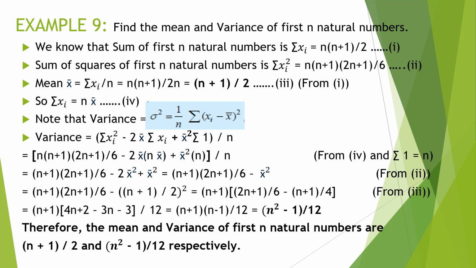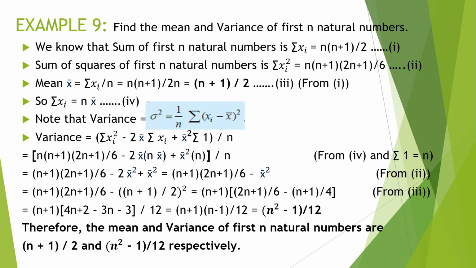Instead of sigma xi from equation 4, can I write that as n into x bar? And the next term, x bar square, sigma 1 is n. N gets cancelled. So, you will get n plus 1, 2n plus 1 upon 6 minus 2 into x bar square plus x bar square. This is equal to n plus 1, 2n plus 1 by 6 minus x bar square.